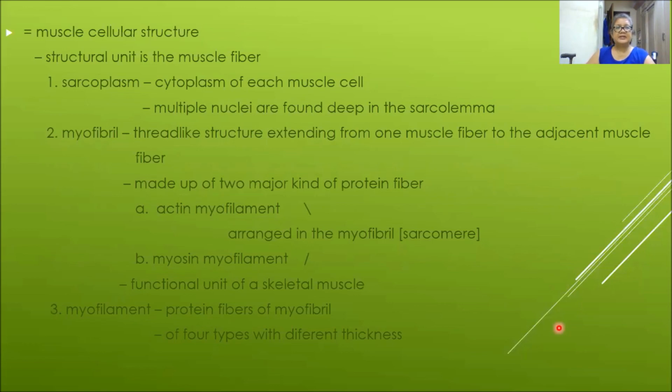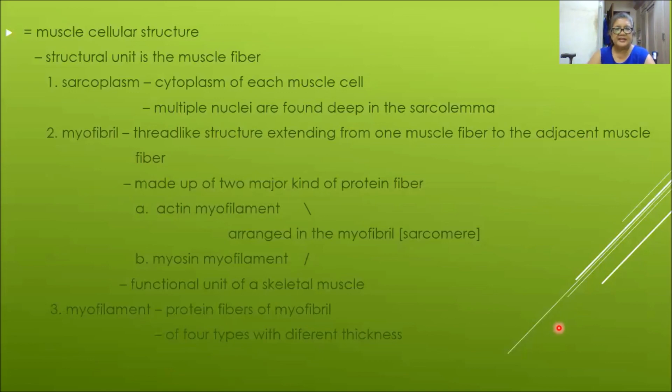The muscle cellular structure. The structural unit of the skeletal muscle is the muscle fiber. It will have a sarcoplasm, or the cytoplasm of the muscle cell, and multiple nuclei are found deep within the sarcolemma. So within one cell, surrounded by sarcolemma, there could be more than one nucleus. Then you have the myofibril.